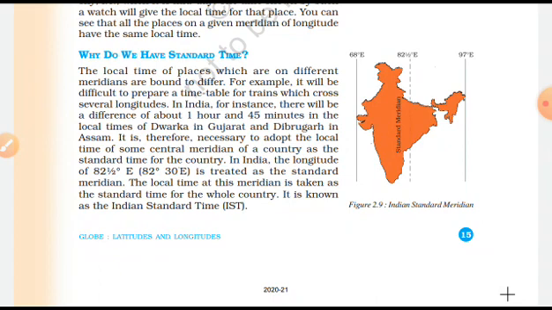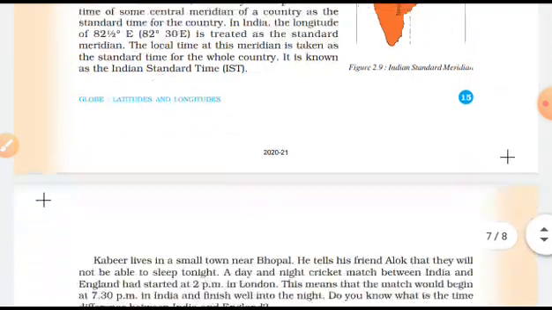So this is nothing but the timing period. We have decided what timing period to use for all the people of India, so we decided the Indian Standard Time, which is IST, from Prayagraj. Prayagraj was known as Allahabad, and today it's known as Prayagraj.